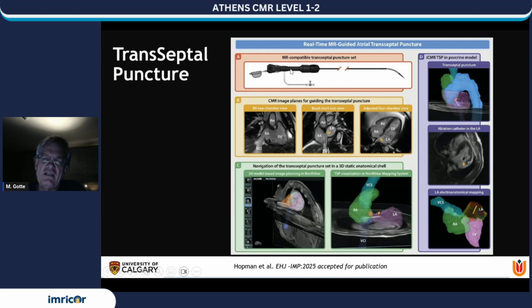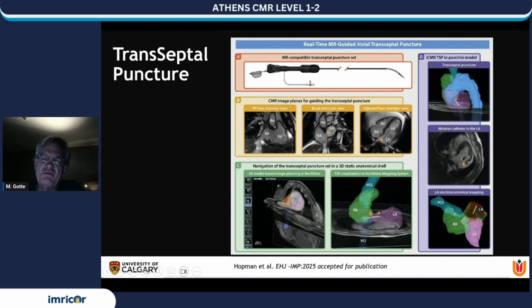You can advance a needle through this sheath, which is MR-compatible, of course, but it has no specific marker, so you can position the sheath based on the tracking coils. But once the sheath is in position and you push the needle towards the septum, you can only rely on the signal void, basically created by the needle itself.